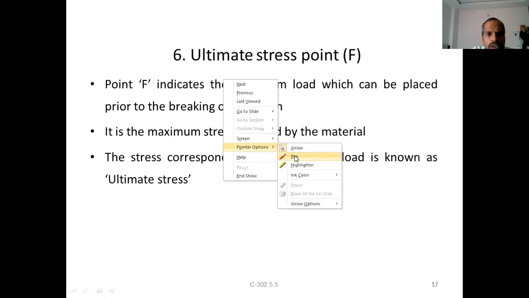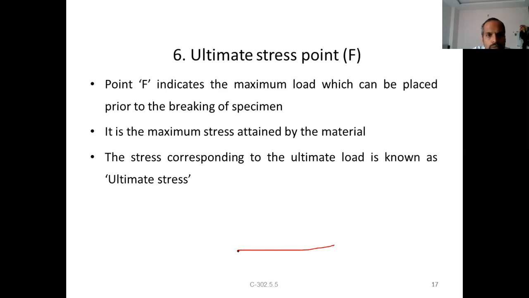So for example, if you take a curve, there is a downfall. This topmost point is nothing but the ultimate load point.